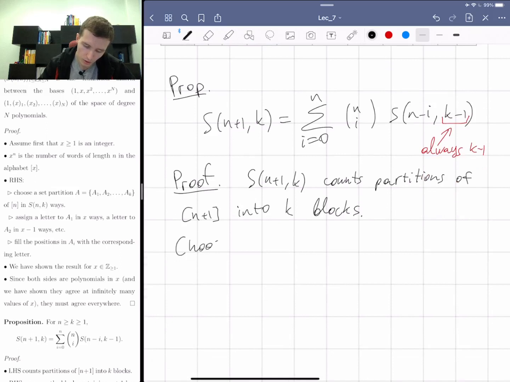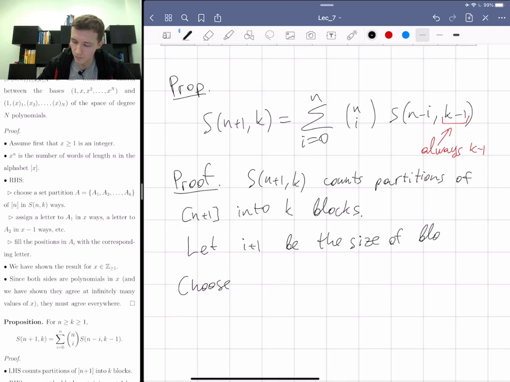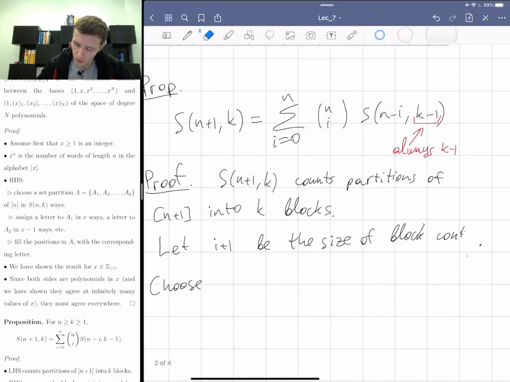Whenever you have such a block, let i plus 1 be the size of the block containing n plus 1.